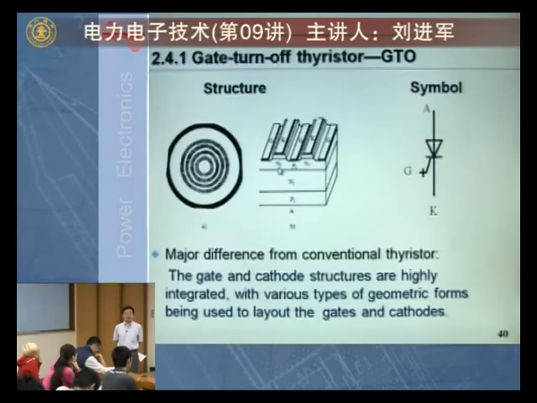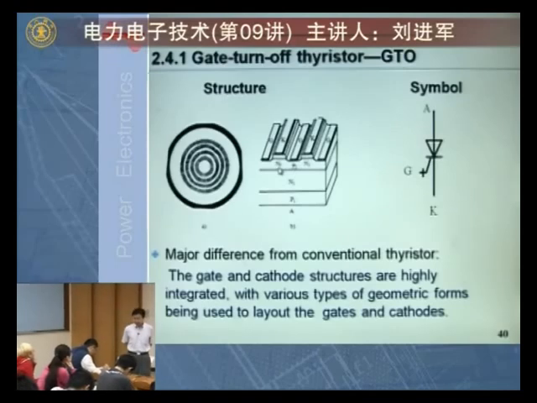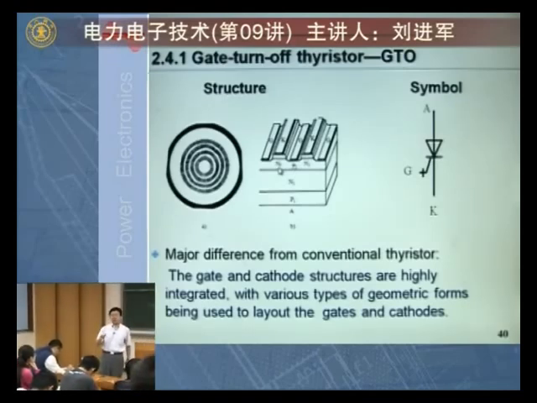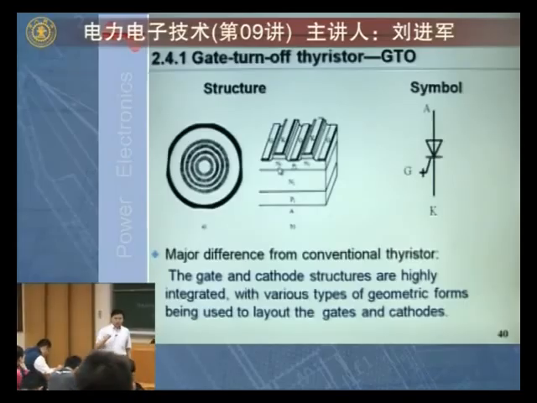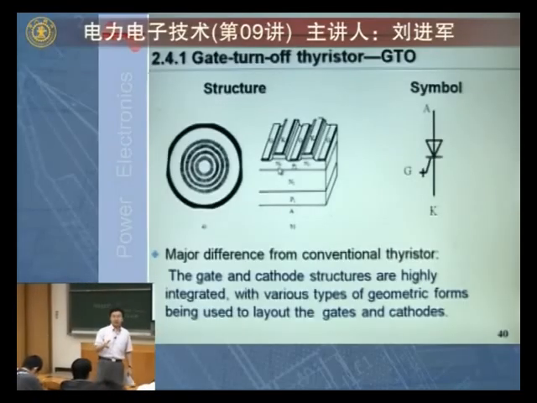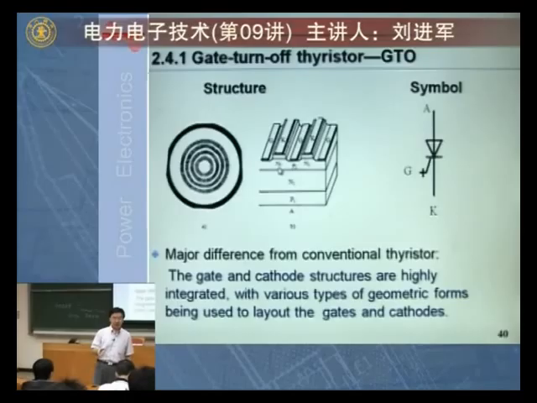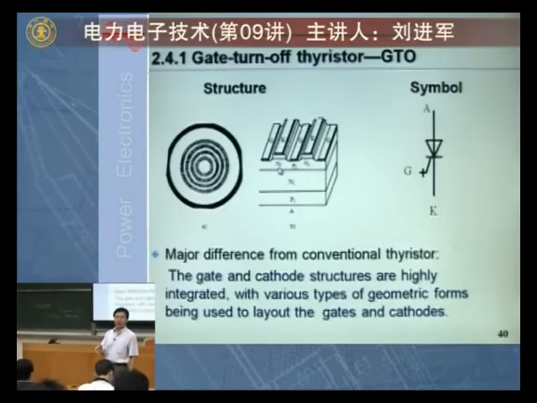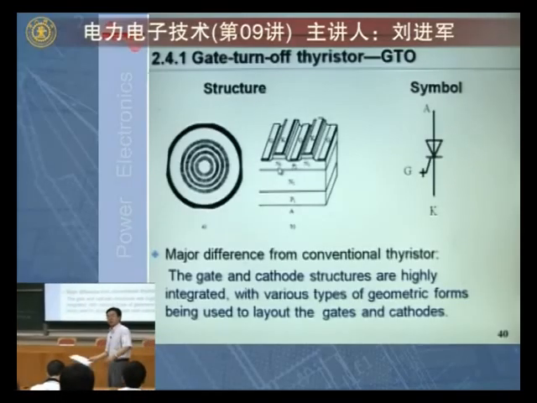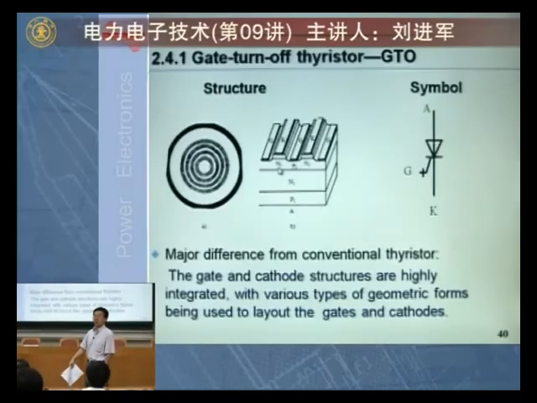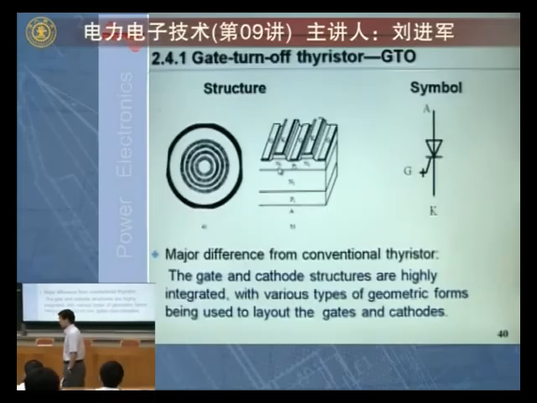There must be some differences in the manufacturing or fabrication process. This is always true. The difference in performance always originates from the difference in structure. Do you agree with me? This is not just for this one, it is for everything. When you have an outside performance difference, then the inside structure must have some differences. This is always true.